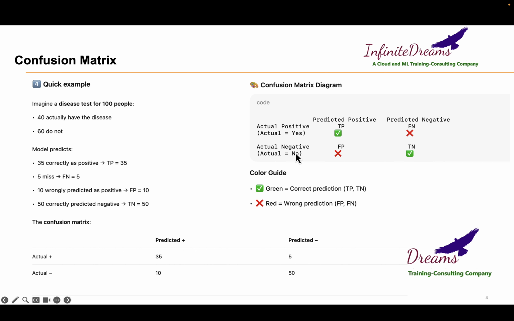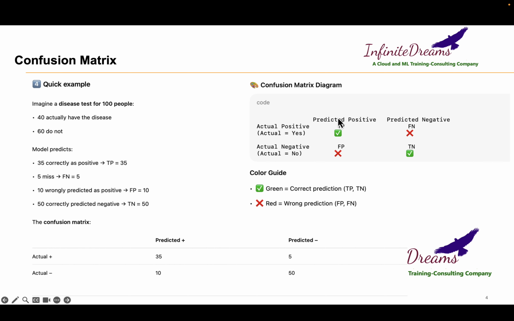If you see this particular cell, where the model is predicting positive and the data is also positive, it is true positive. The model is predicting negative and the data also says it doesn't have any disease, so this is true negative. True positive and true negative mean your model is doing exactly what the data says.